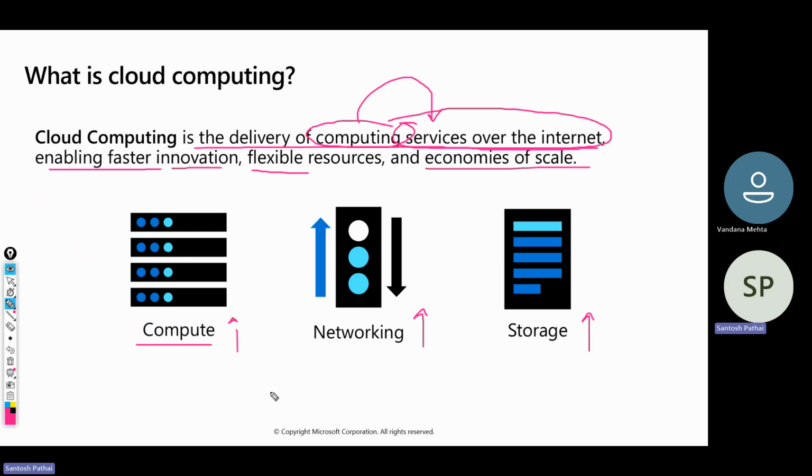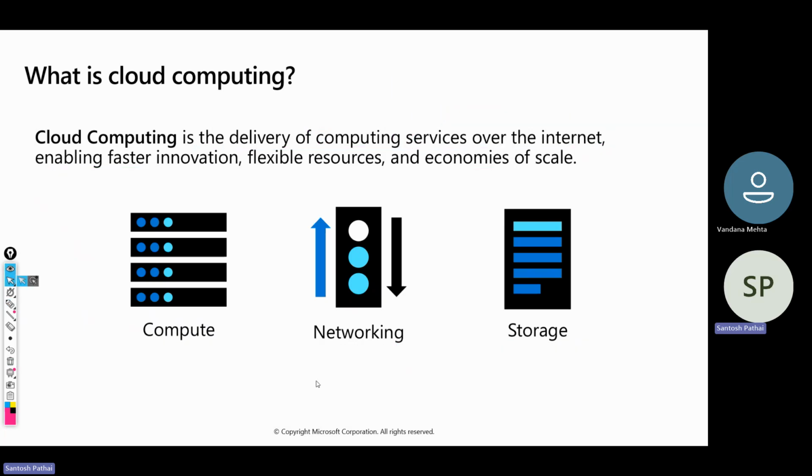Either I'm using CPU or memory in any format, direct or indirect, I'm using network in direct or indirect format, and I'm using storage to store my data, application data, operating system data, log data, anything. So we ideally have three kinds of resources here, and all the categories are directly or indirectly associated with one of these three.